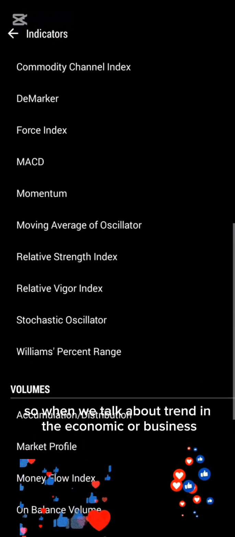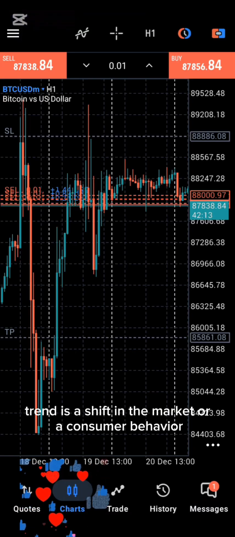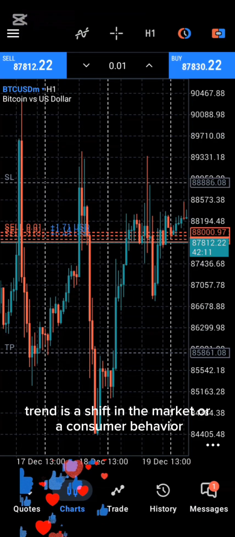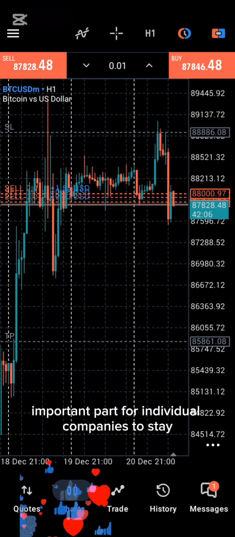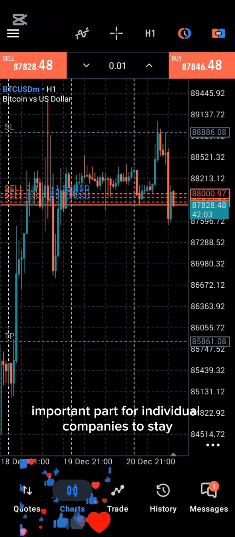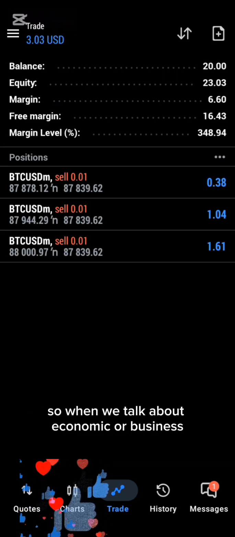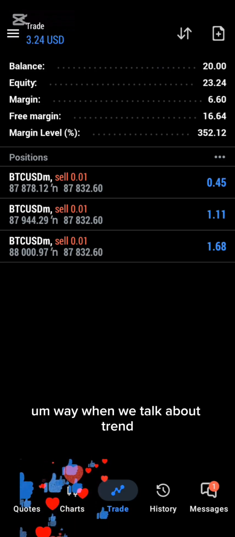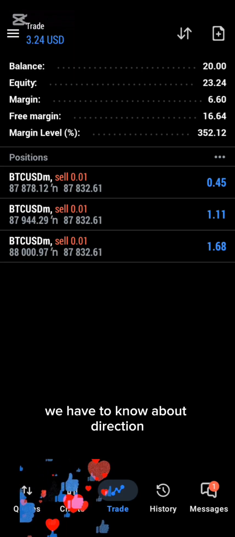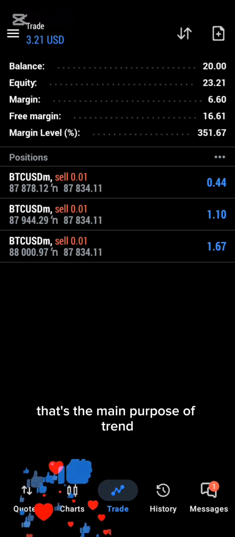In that aspect, trend is a shift in the market or in consumer behavior. Identifying this is a crucial and very important part for individual companies to stay profitable in the long run or short run. So in the economic or business way, we have to think direction. That's the main purpose of trend.